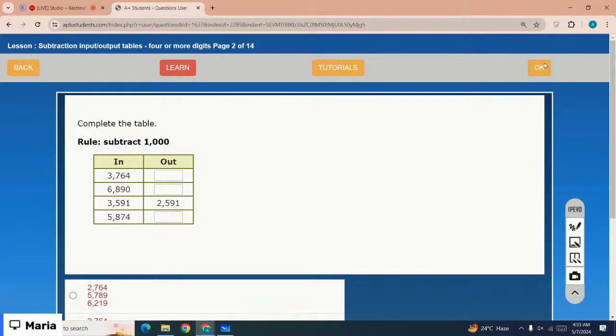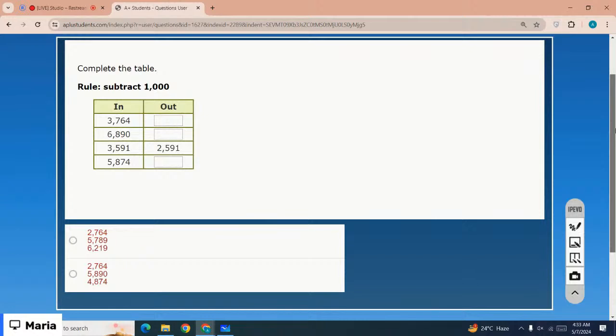Okay, complete the pattern, complete the table. Which is the correct option? Option 1, option 2. Be careful, take your time and then answer.